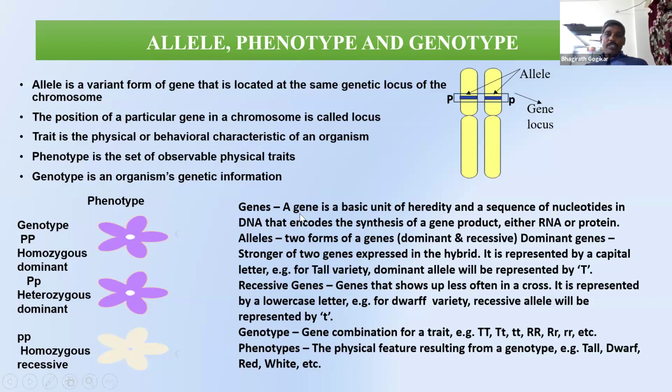So genes. A gene is a basic unit of heredity and a sequence of nucleotides in DNA that encodes the synthesis of a gene product, either RNA or protein. What is meant by gene? A gene is a basic unit of heredity and it is the smallest part of the DNA, consisting of a sequence of nucleotides that encodes the synthesis of a gene product, either RNA or sometimes protein.